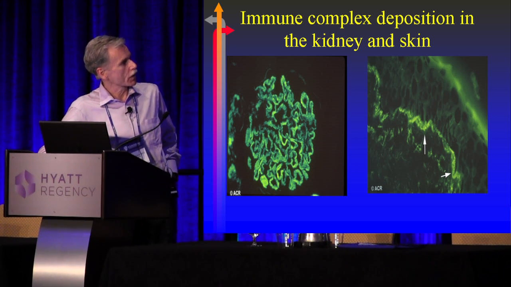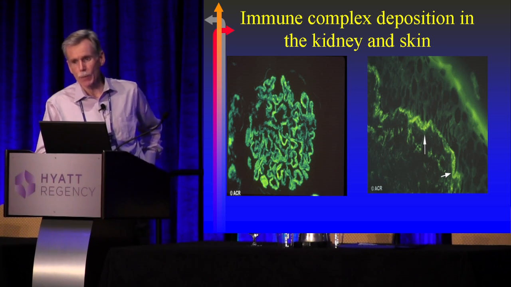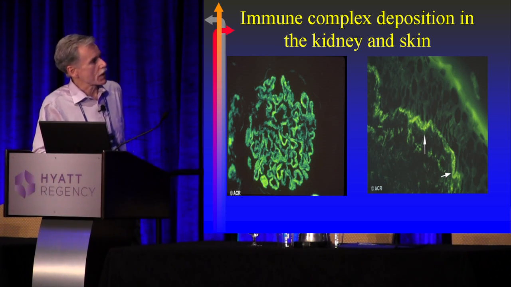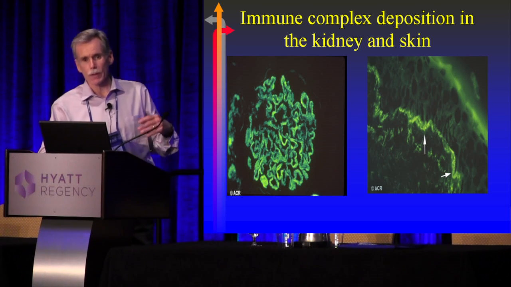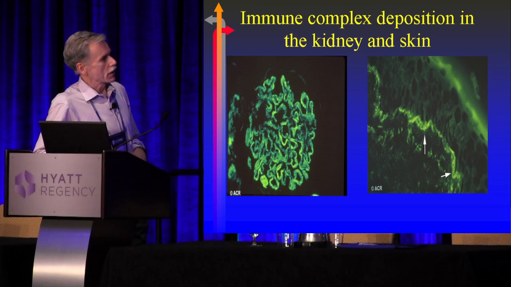This is an entire glomerulus, and this immunofluorescent uptake through an immunofluorescent microscope is a tag for these immune complexes, showing us where they get deposited throughout this filtering mechanism of the kidney on the left-hand side, and then in the skin of patients who have dermal involvement with lupus on the other side. So again, just really direct evidence that immune complexes produce clinical disease in the case of lupus.